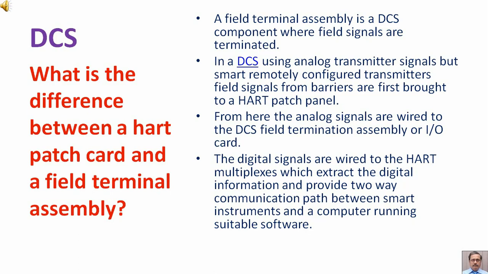From here, the analog signals are wired to the DCS field termination assembly or input-output card. The digital signals are wired to the hart multiplexers, which extract the digital information and provide a two-way communication path between smart instruments and a computer running suitable software.